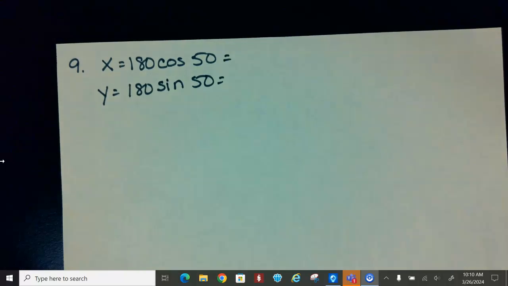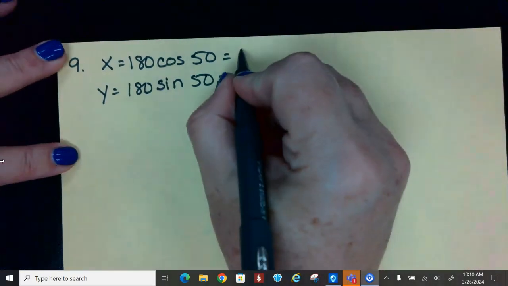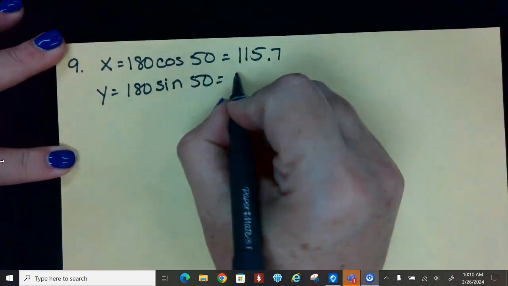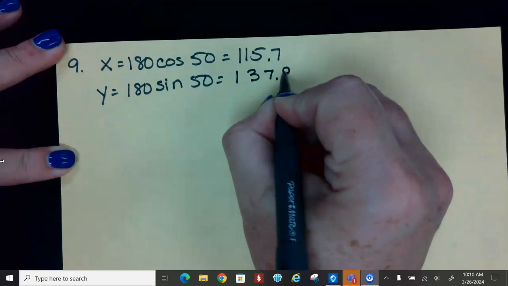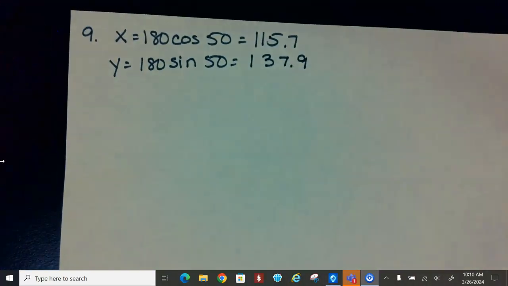Only difference between the two. Let me grab my handy dandy calculator. Cosine 50. And I get 115.7. Let me redo it again. I get 137.9. Okay. We're going to pretend that is a straight line.